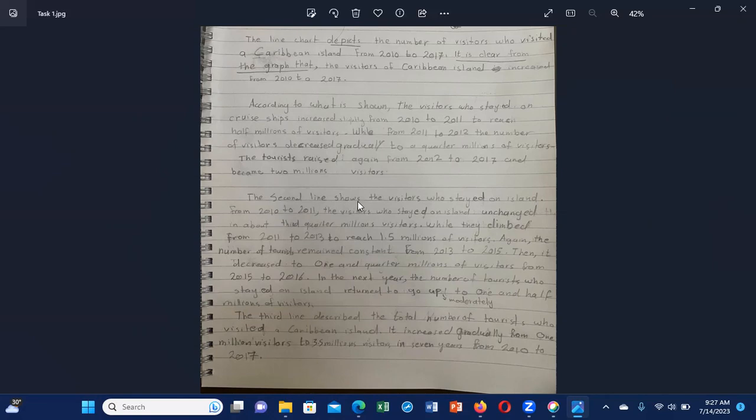I repeat, the line chart represents some pieces of information about the visitors. Clear now? Yes. I hope you got it and you'll be able to write.